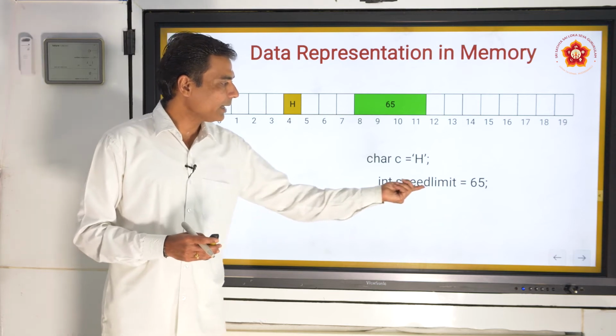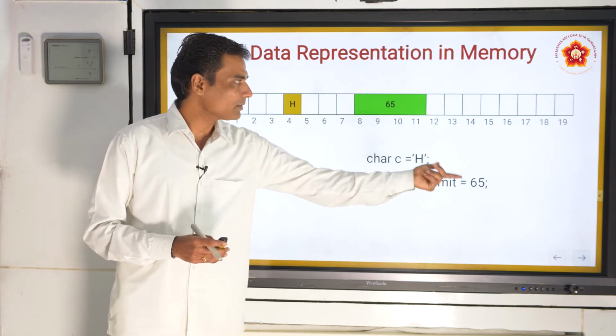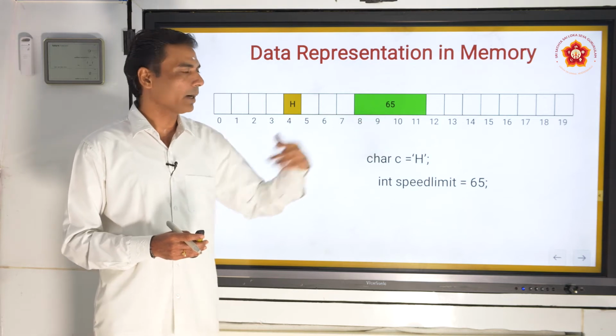And when we declare an integer variable and store the value 65, the computer will allocate 4 bytes.